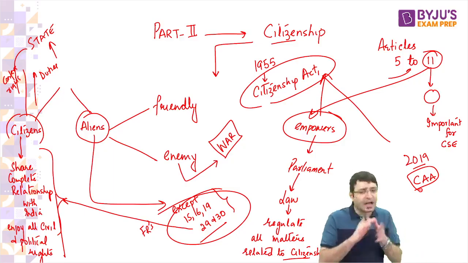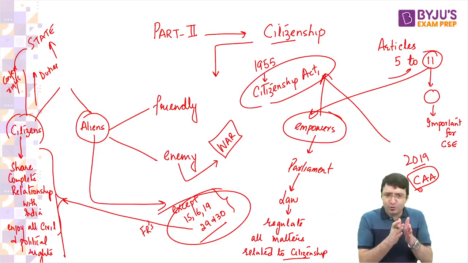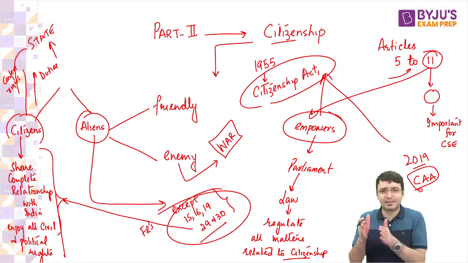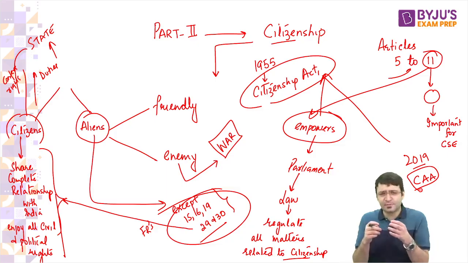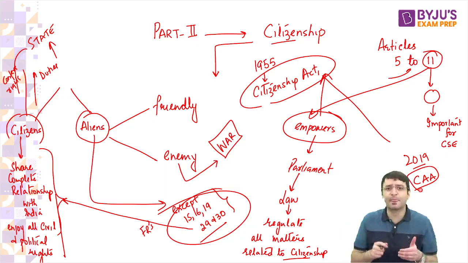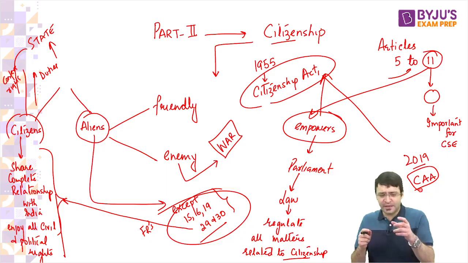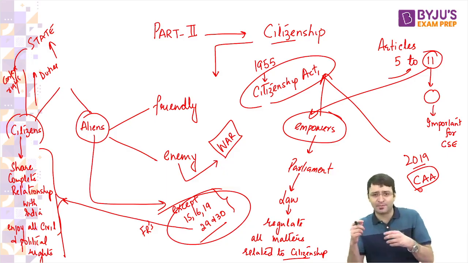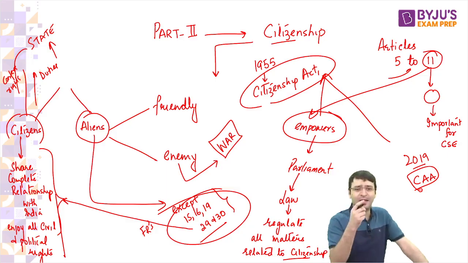So let's recap. Part 2 of the Constitution deals with citizenship. What is citizenship? Citizenship is like a romance between the individual and the state. You can say the feeling of citizenship is like when there is an India-Pakistan cricket match and on the last ball, Virat Kohli does something or R. Ashwin does something, hits a double, and then India defeats Pakistan.